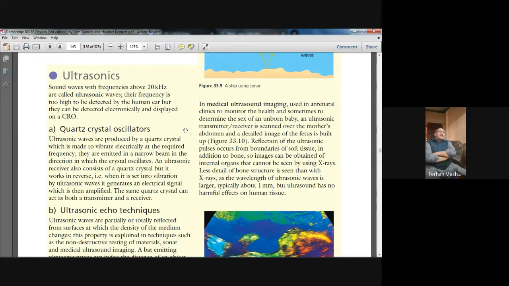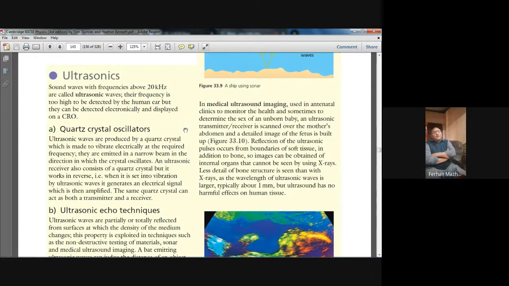For example, ultrasound, you must have heard this word. It is a very famous word used in medical treatment. If you have ever been to a hospital, they say, okay, go get an ultrasound.